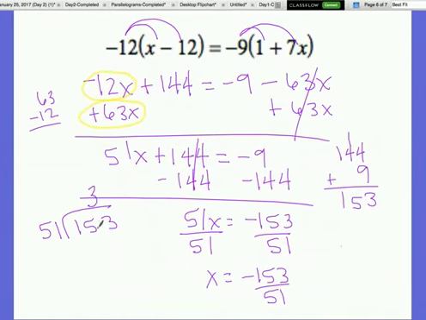The reason I can guess that is because I know that 50 would go into 150 3 times. So then we would say 3 times 1 is 3, and 3 times 5 is 15. And that gives us 3. Because I had a negative divided by a positive, my answer is going to be negative 3.